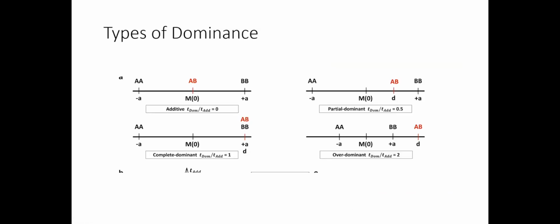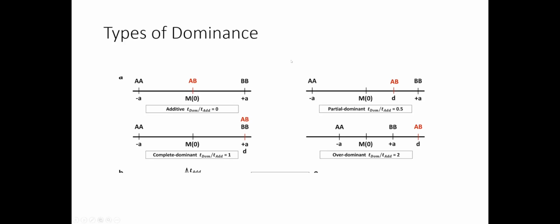There we go. Okay. So very briefly, what do we mean by dominance? Normally when we do a genome-wide association study, we assume additivity. That means that the phenotype of the heterozygote is going to be halfway between the two homozygotes. But there are various types of dominance.